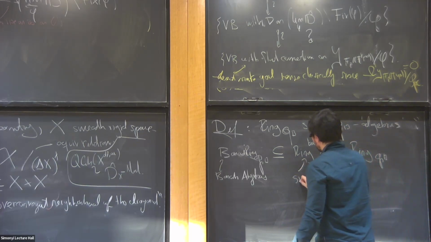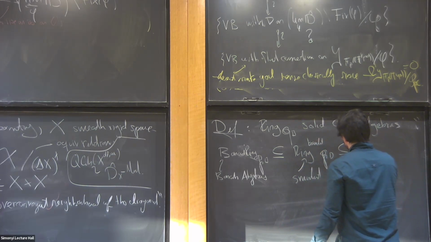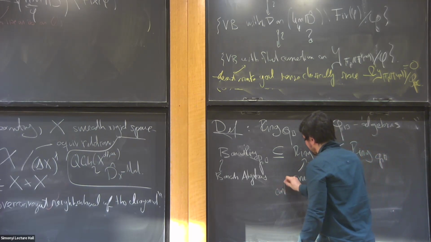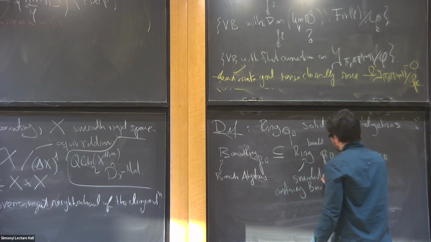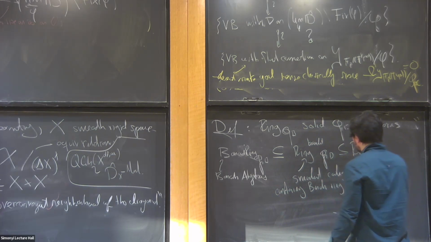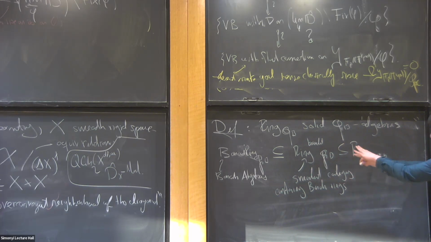This one is the smallest category, meaning usual Banach rings. This one is a bit larger, but it's not far from the usual Banach ring.